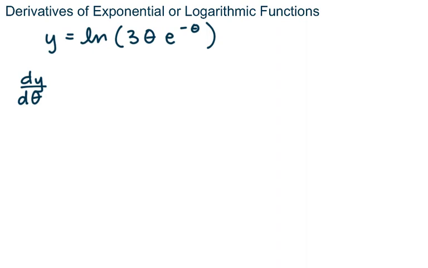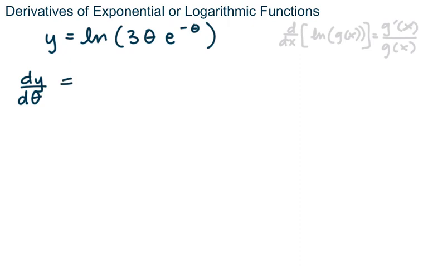So remembering what we have learned previously, d dx of the natural log of some function g of x would be g prime of x over g of x, if we're dealing with the natural log base e. And that's how we would set this up.